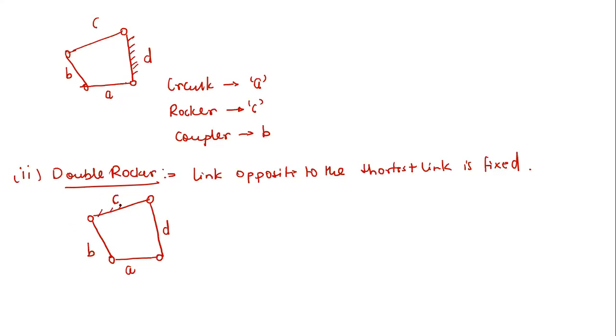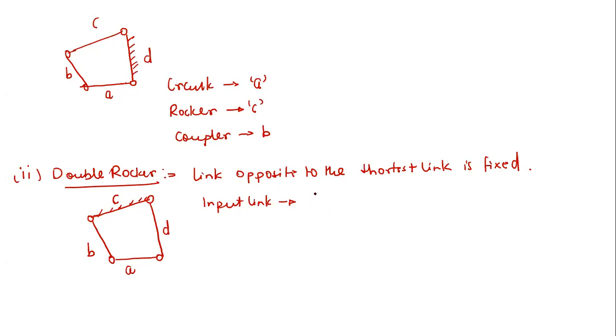So now we are going to fix this link C, correct? So in this case, what is going to happen? See, here, first of all, tell me which will be your input link. Can anyone guess? See, simply, link B is going to now act as your input link, right?